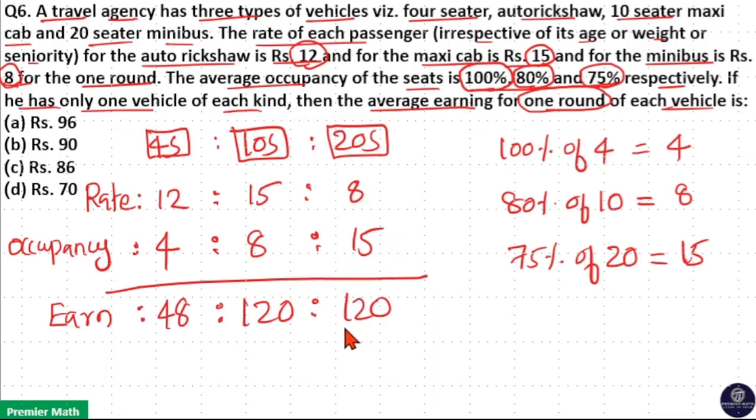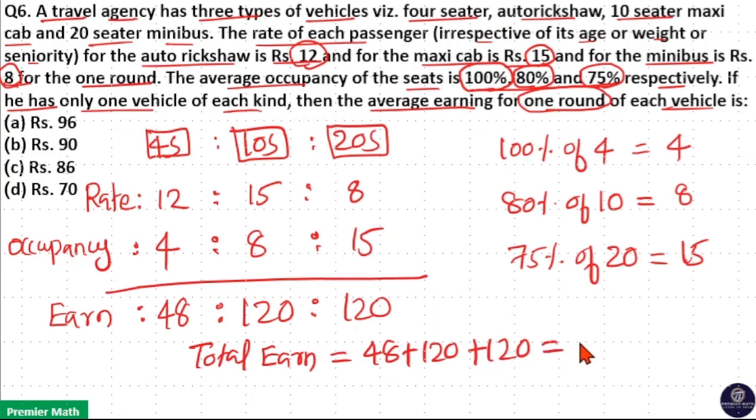Now you can see the earning is 48, 120 and 120, for the auto rickshaw, maxi cab and minibus. That means the total earning is 48 plus 120 plus 120, which is 120 plus 120, 240, and 240 plus 48, 288.